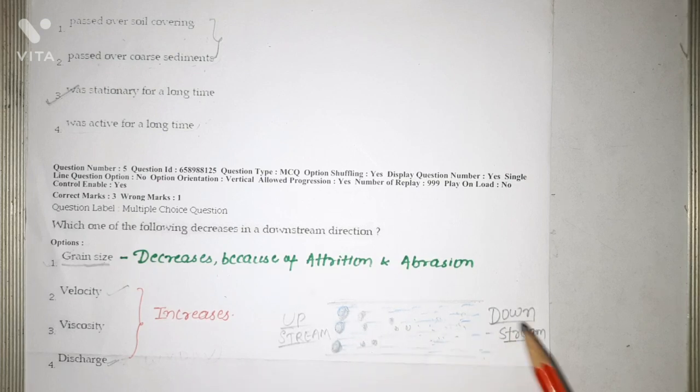they become fine grains. Okay, now coming to velocity. The velocity of a stream usually increases downstream. Though the slope of a stream typically decreases, gravity, elimination of wet roughness, and the increase in the amount of water from the entry of tributaries tend to increase the velocity. Now viscosity.